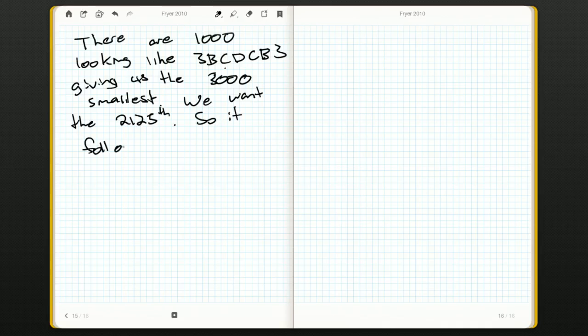So what we've narrowed it down to is it's got to be in amongst this 1,000. Before we had 1,000 that started with 1, 1,000 that started with 2, so those were the 2,000 smallest. But if we were to start looking at things that start with 4, there'd be at least 3,000 that are smaller than it. We want the 2,125th from the bottom.